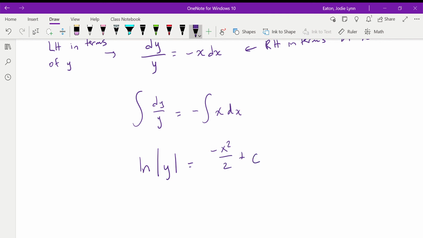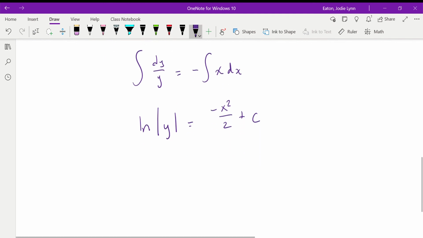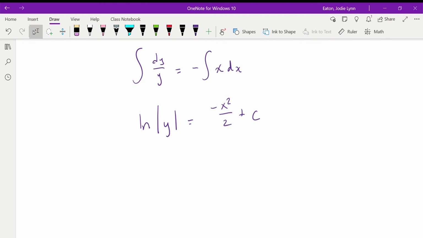Well, if I want to get rid of an absolute value, if I want to get rid of an ln, I can raise e to the power. One thing to remember is e to the ln x equals x, because what the natural log of x is saying is what power do you have to raise e to get x. And if you raise e to the power you have to raise e to get x, you get x, sort of in the definition here.